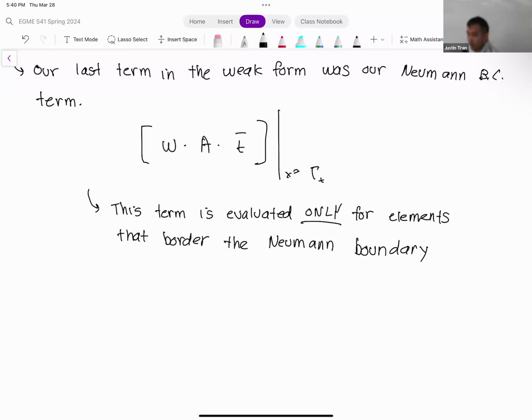So in reality, for most 1D problems, at most you're just going to have one Neumann boundary condition, if at all. So for all of our 1D problems, at least to start with, this term is only going to show up for at most one element.